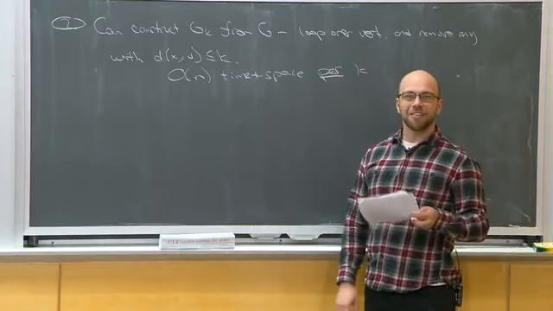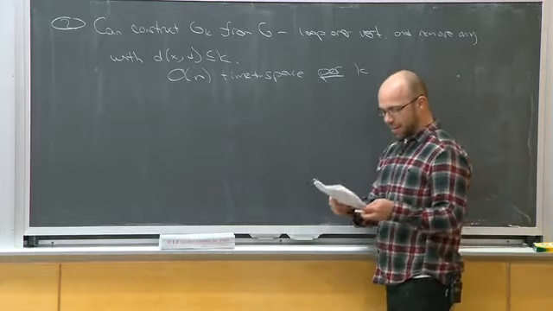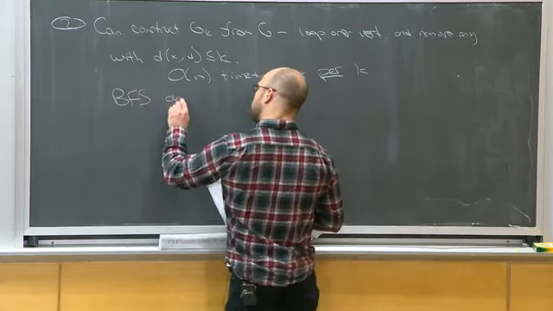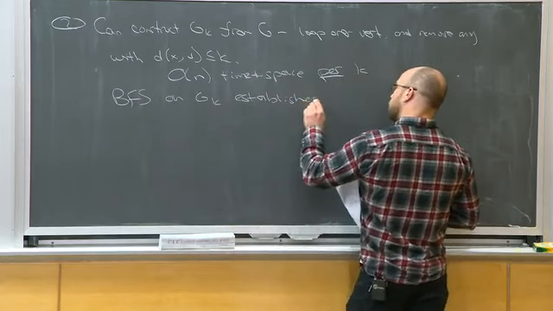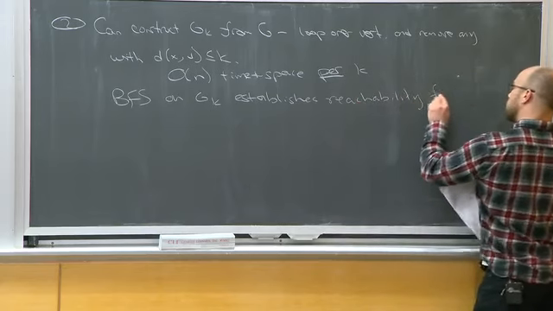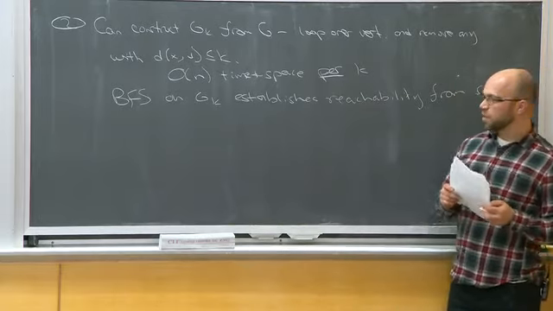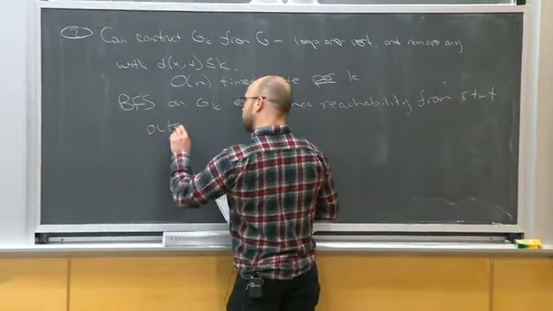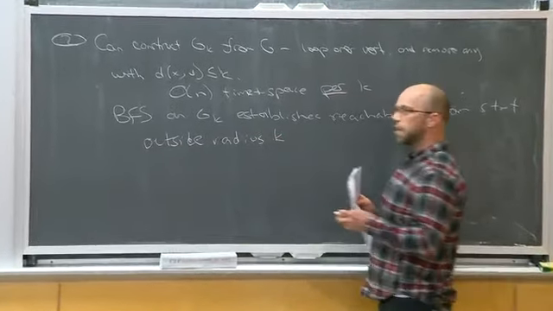But this is already getting us pretty close to our problem, because what can we do? If I have GK, I can say that BFS on GK establishes reachability from S to T, right, which is what we care about, outside of radius K. And how much time does BFS take?